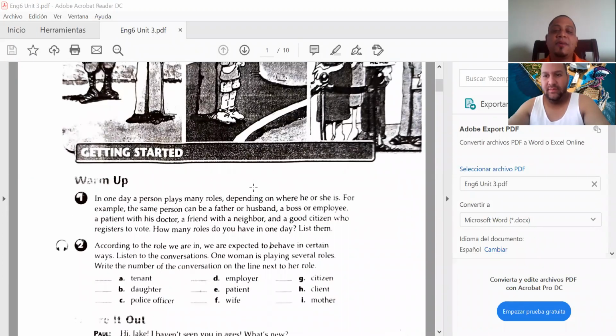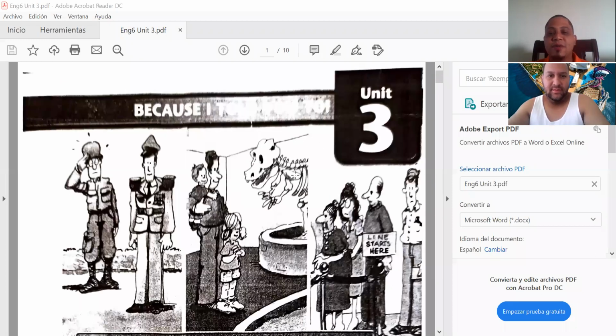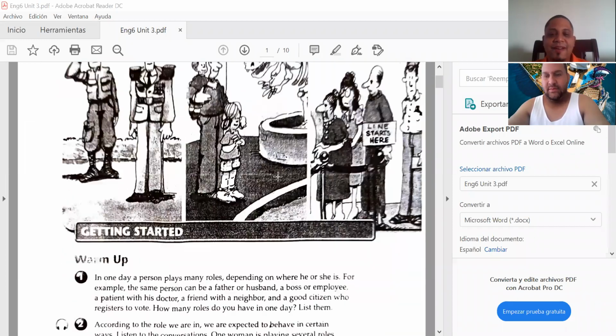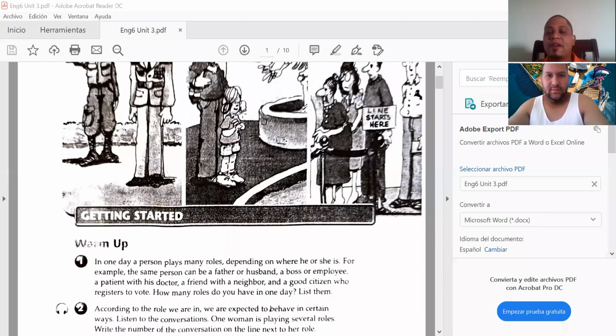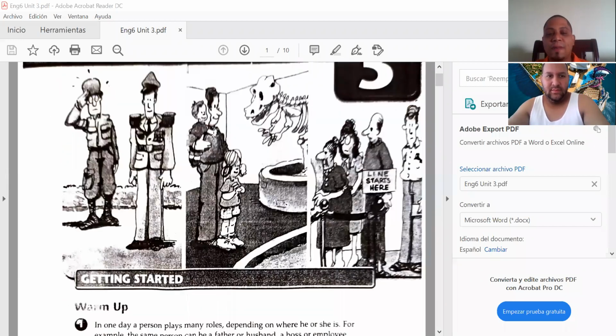Well, so here we have unit number 3. And as you can see here, you will see the same person in different scenarios, like in different situations.